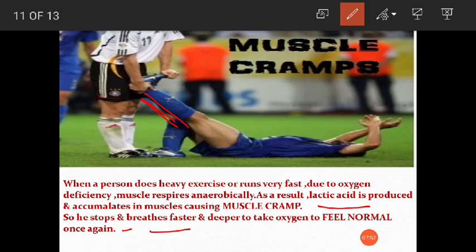Understood? So with this we can say that muscle cramp occurs when our muscles start respiring anaerobically. As a result, lactic acid is produced and it gets accumulated, causing muscle cramp.